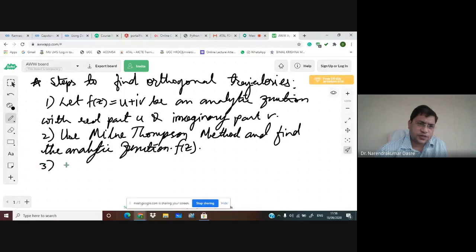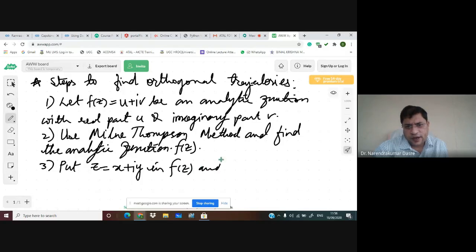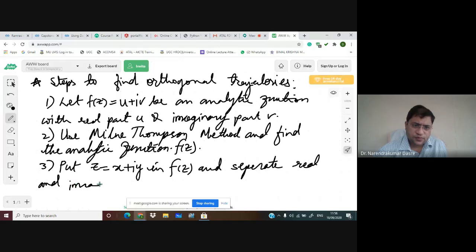And the third step: put z is equal to x plus iy in f of z and separate the real and imaginary parts.